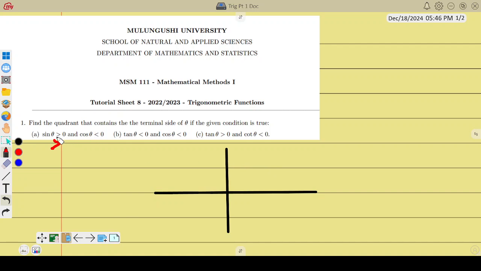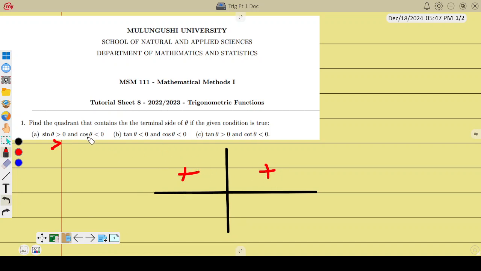Where is sine positive? In here all signs are positive: all students take chemistry. So in the first quadrant, sine is positive, and in the second quadrant, sine is also positive. So our answer could be here or there.